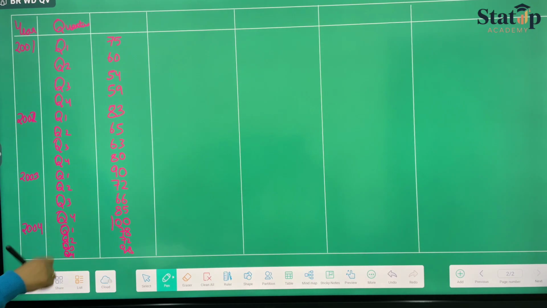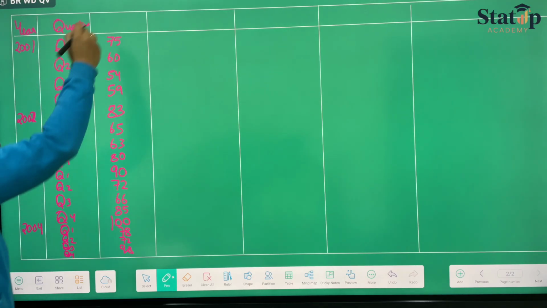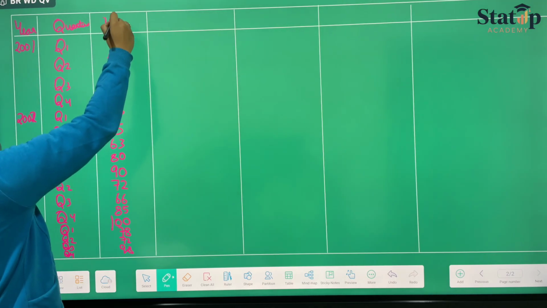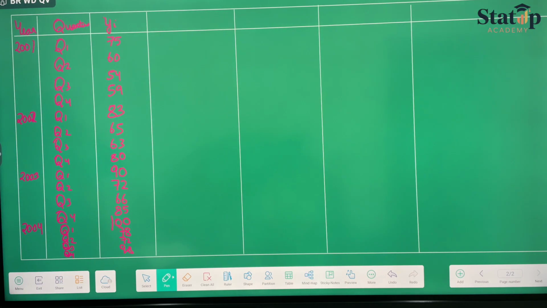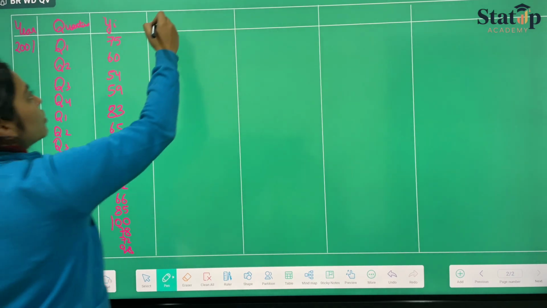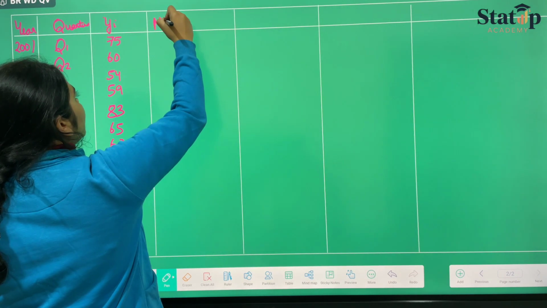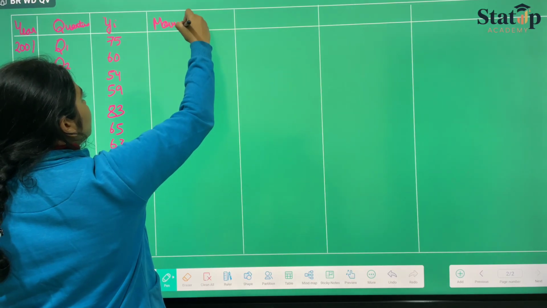So these are the values of yi, or the demand. Okay, so first of all, we'll calculate the moving average of these. So moving average of these would be not 12 yearly but of 4 yearly, because we have been given the quarter. So we'll calculate moving average.